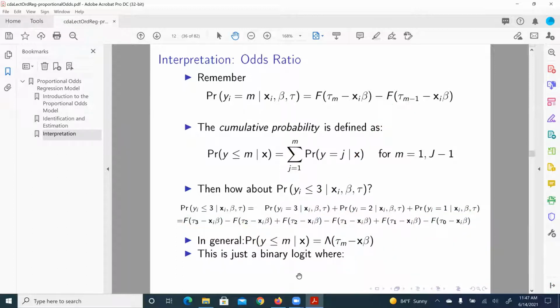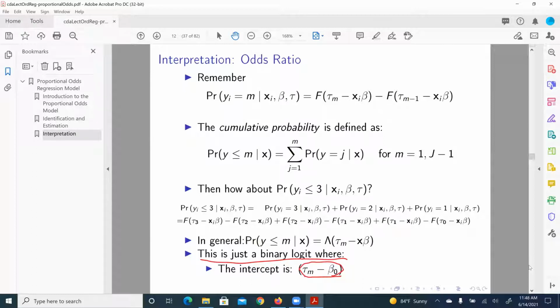Okay, and so just to recollect, well, then this becomes a binary logit, right? Binary logit, okay? And the intercept is tau m minus x beta. Actually, beta 0 can be identified from this term, okay?